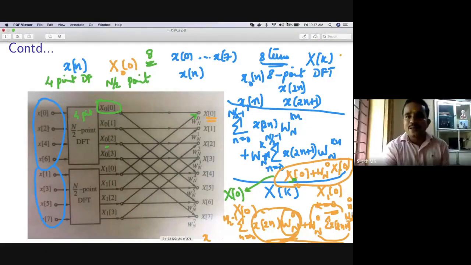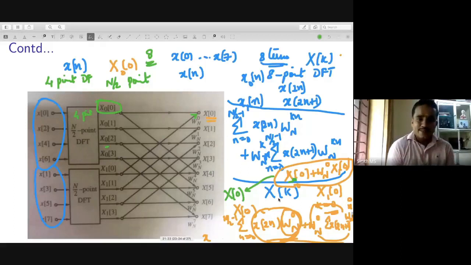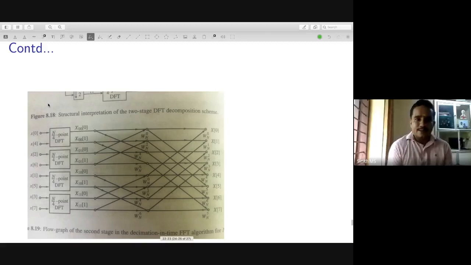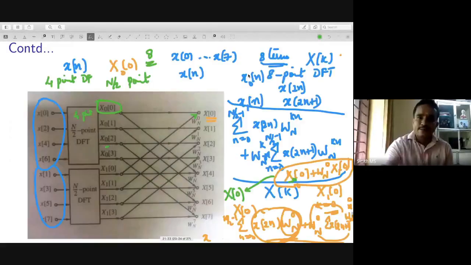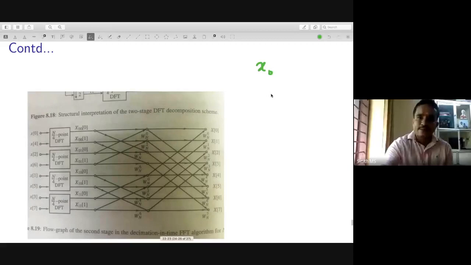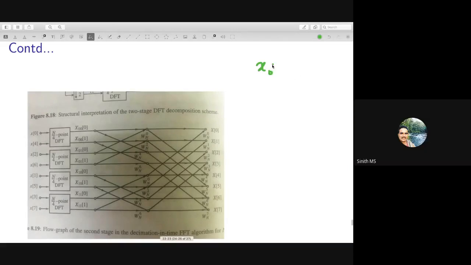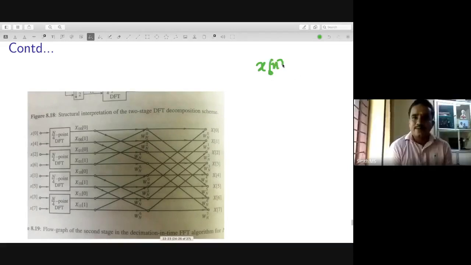Now, if you proceed like this, let us again divide this x0n. Let's come to the next slide. Here we have space. xn, we split as x0n and x1n, which are the even and odd terms.